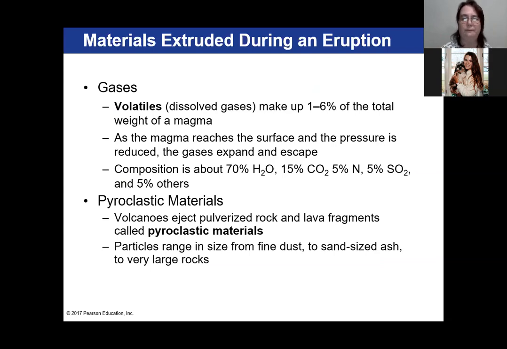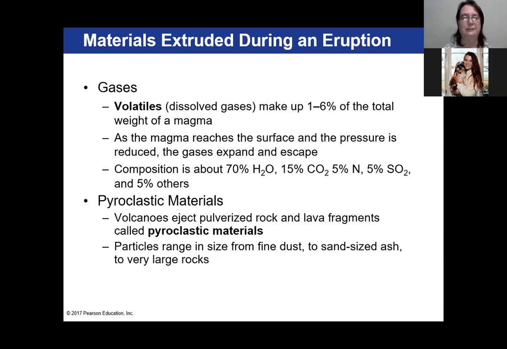Gases are a very, very small amount, maybe up to 6% of the weight. However, a gas can take up a small volume when it's compressed, and it expands to take up whatever the size of the void or the room is when it's expanded and under almost no pressure.